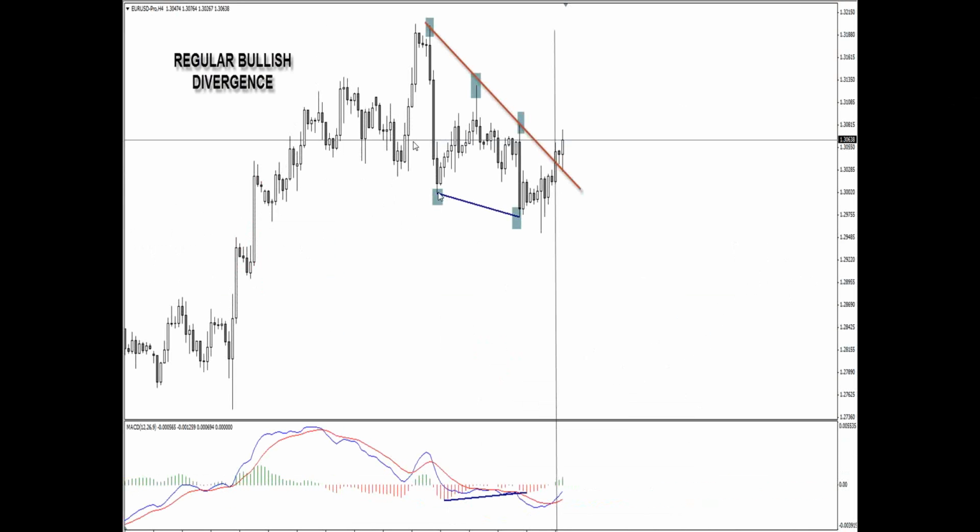So in this example we see a valley here and a valley there. So this is regular bullish divergence. Without those wicks, again, that is why I'm always implying how important those wicks are. Without those wicks we just cannot trade those candlesticks, or chart patterns, or divergence, or momentum, or Fibonacci.